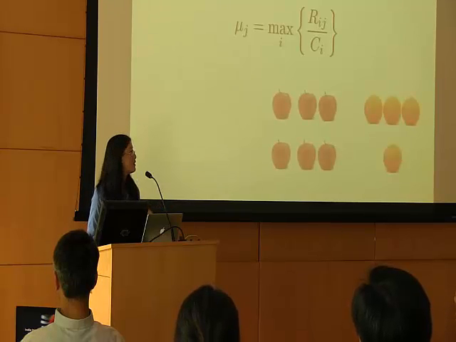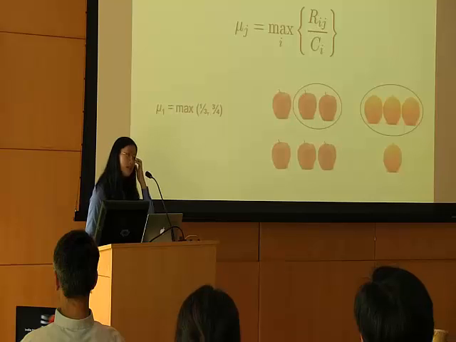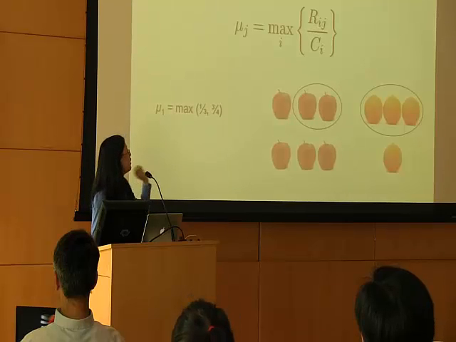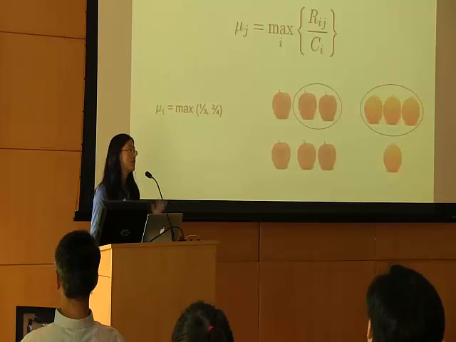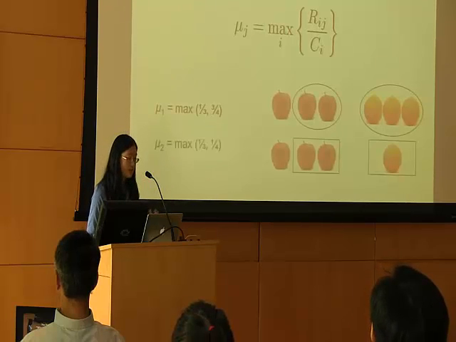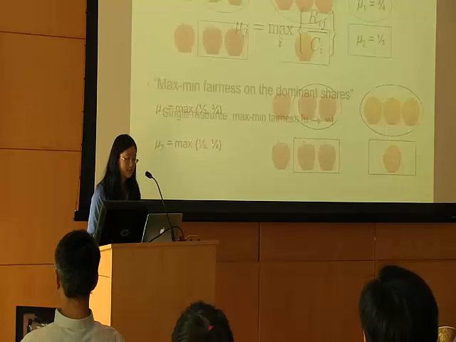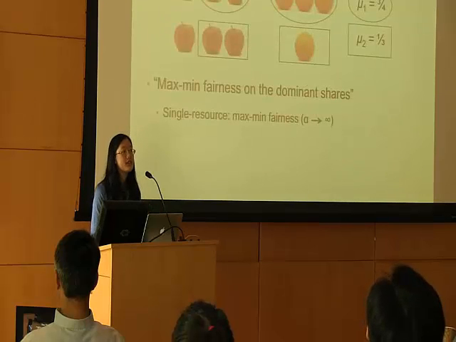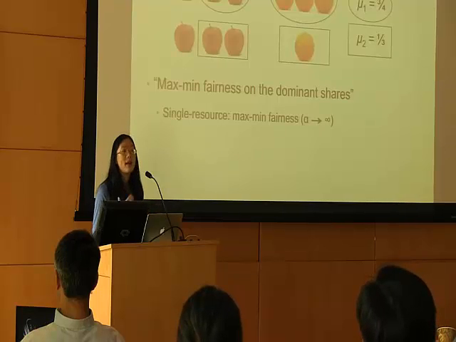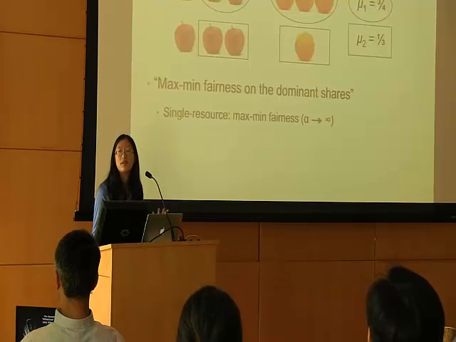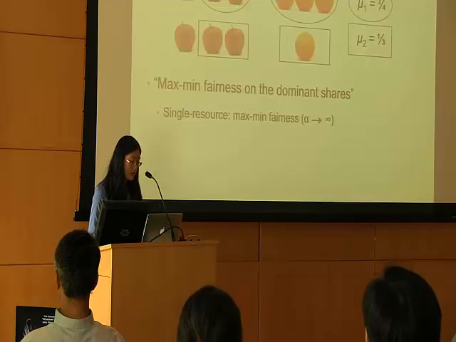So, for instance, in this example, if we just look at user 1, we can see that user 1 needs 1/3 of all the apples and 3/4 of all the oranges to complete one job. So this mu_1 would be 3/4. And you can do similar calculations for user 2. Now Ghodsi's idea was to take these dominant shares and do max-min fairness on them. Max-min fairness is one popular notion of fairness.